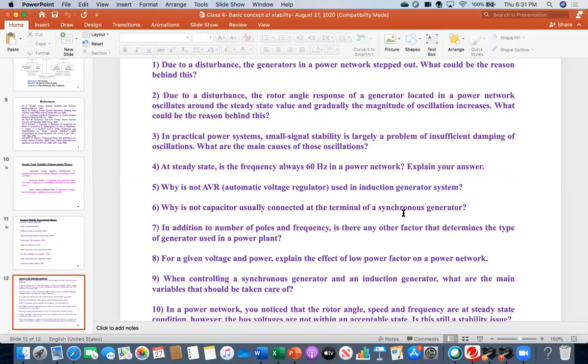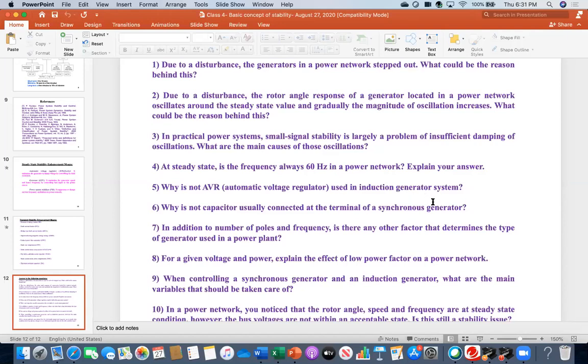Okay, got it. So this means, everybody see, the capacitor is connected at the terminal of the induction generator. When I was answering question number 5, I said that induction generators require magnetization. It requires reactive power from the system to produce internal magnetization.